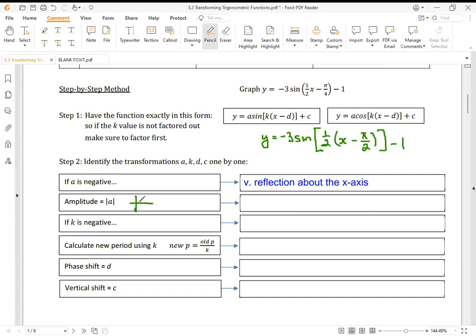Remember, for a curve, if I'm going up and down, I am not interested in whether I am moving in the positive or negative direction. I'm only interested in how far away I am from the middle line. So absolute value. So all right, the amplitude is a vertical stretch or compression by a factor of absolute value A.